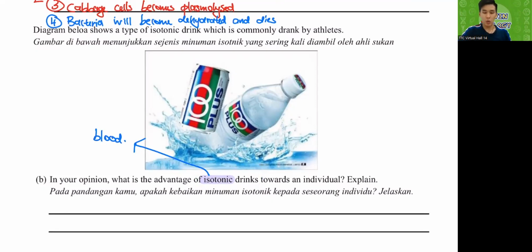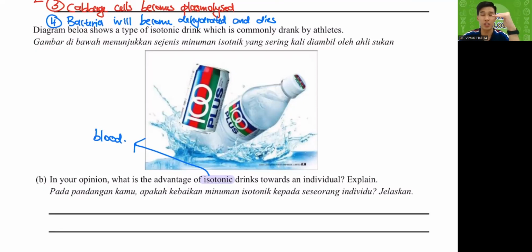So they say, why after we work out, exercise, we need to drink this. Usually, of course, we drink after, not before exercise. Isotonic drink and energy drink are different. Energy drink gives you energy. Isotonic doesn't really give you energy, but it replenishes your body mainly with water and salt.